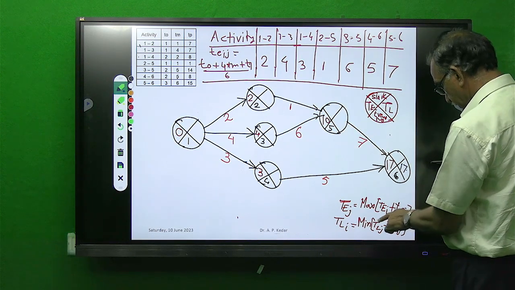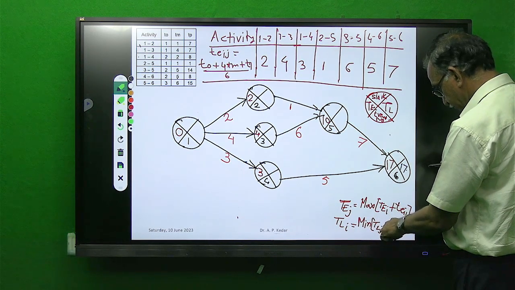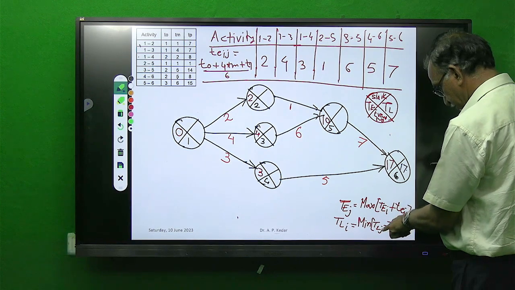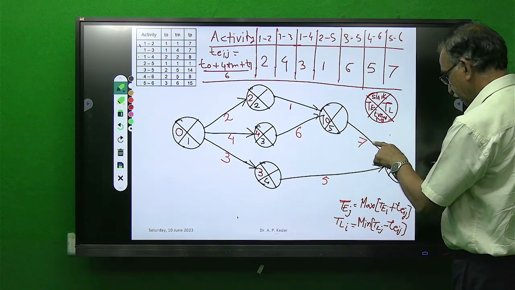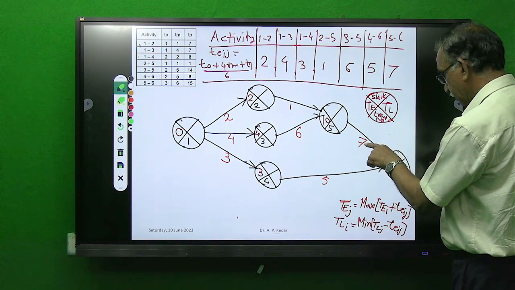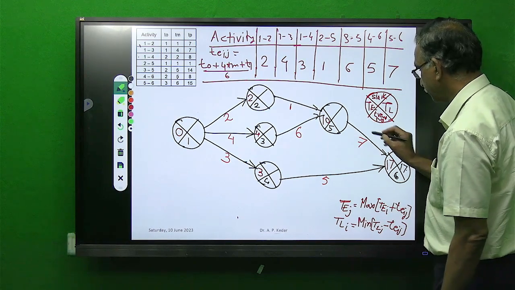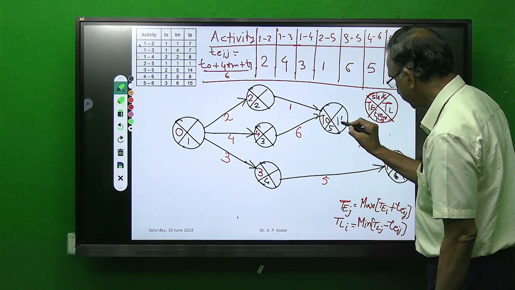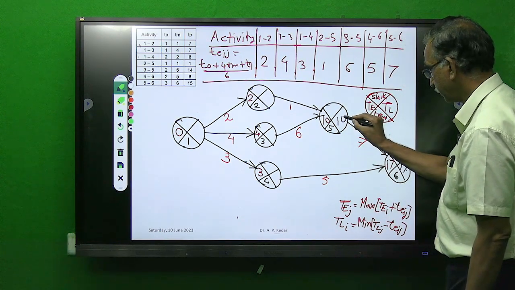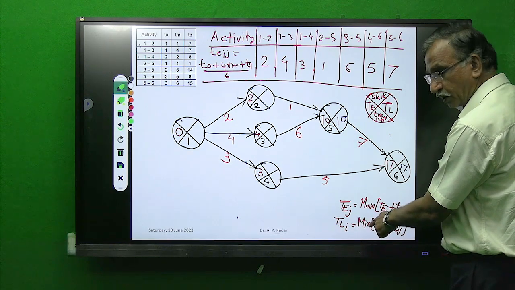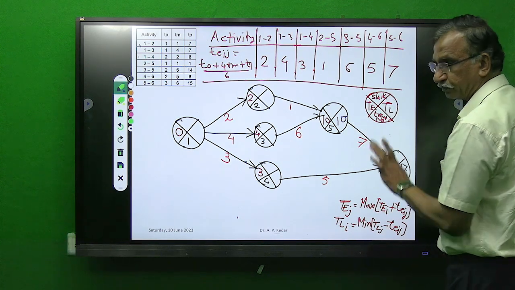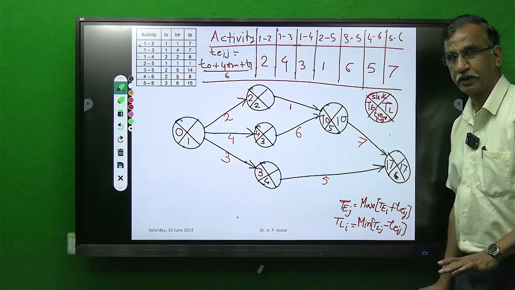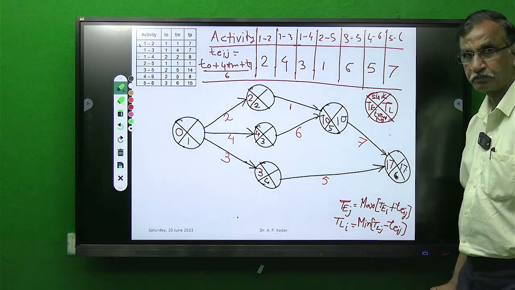For getting TL of I: TL of J, 17, minus TEIJ. So 17 minus 7, how much? 10. No question of minimum, only one arrow, only one tail. Got it?